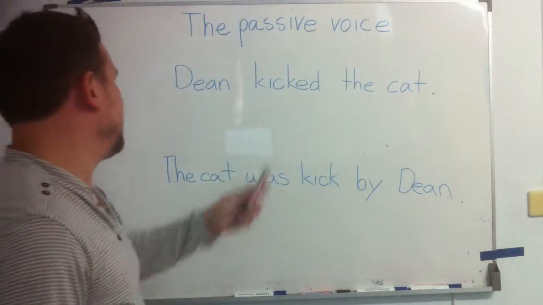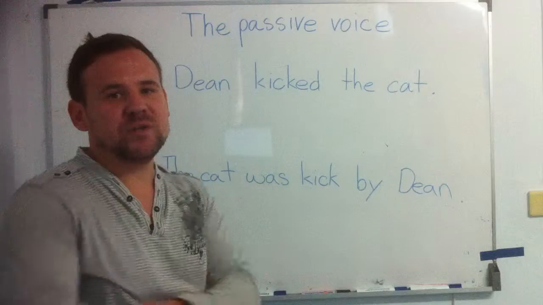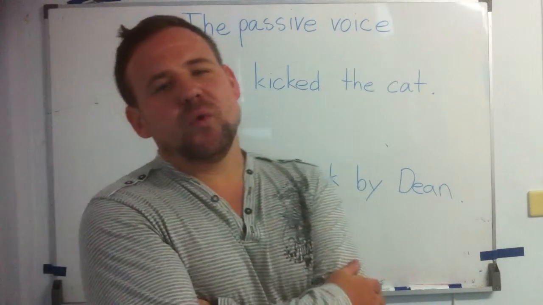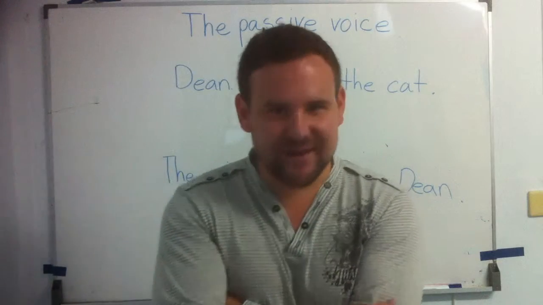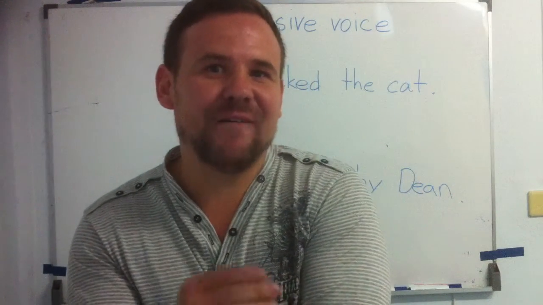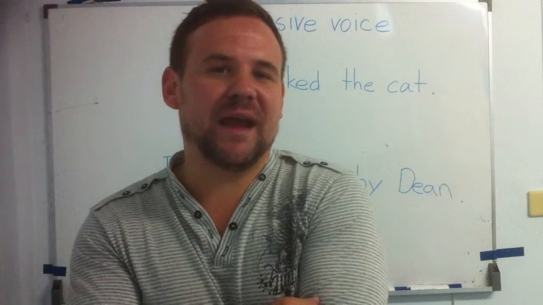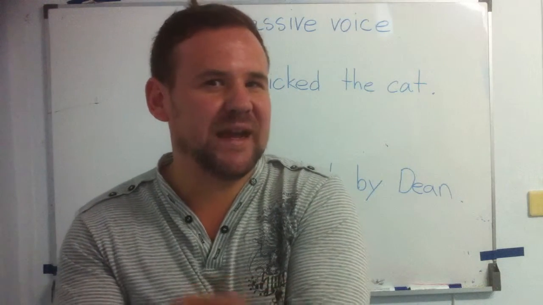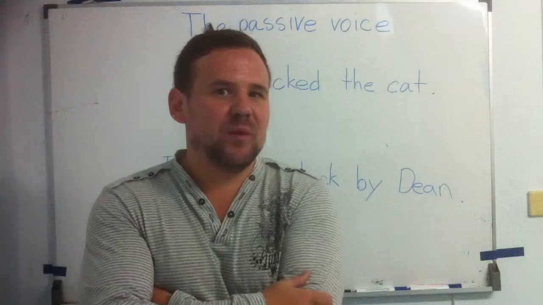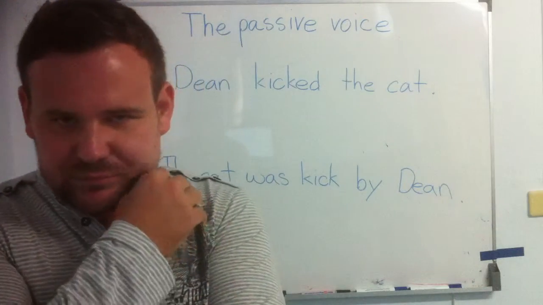When we are talking in the passive voice, we are focusing on the person or the thing that is being affected by an action. Okay, and I think that will be clearer in a minute when we take a look at the board.